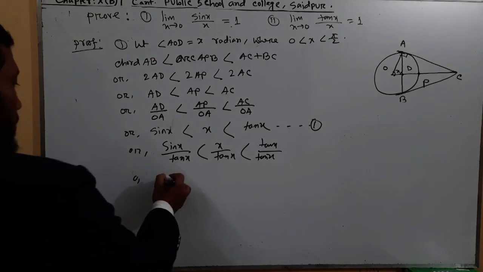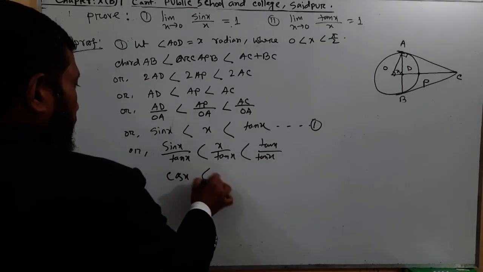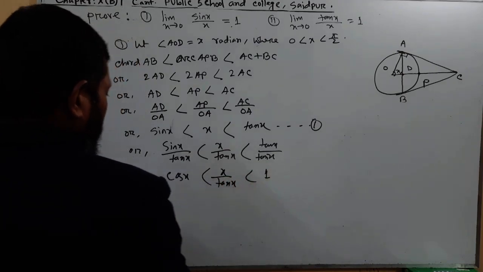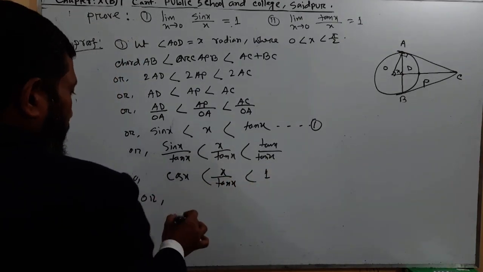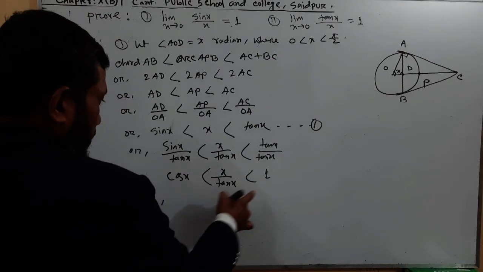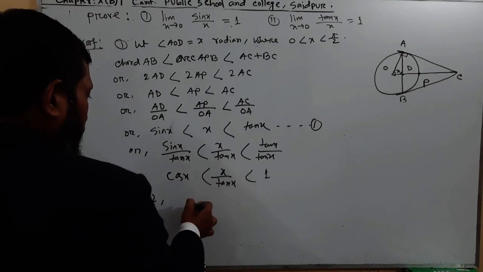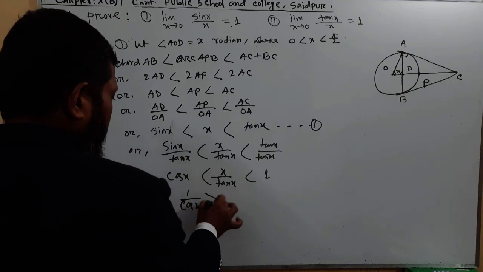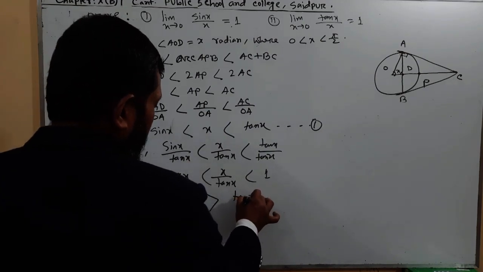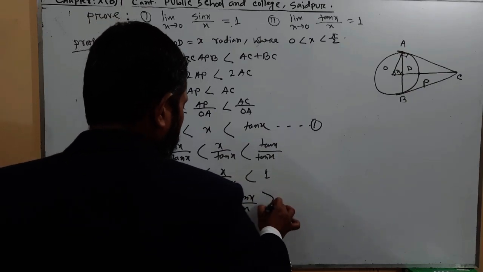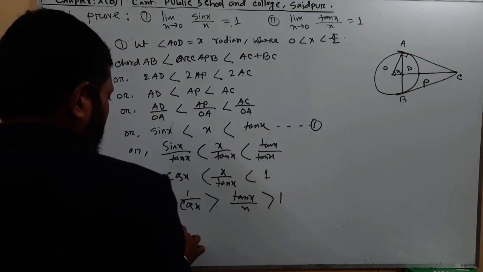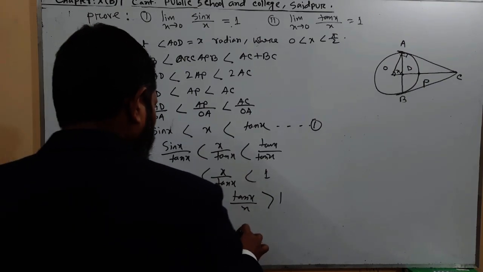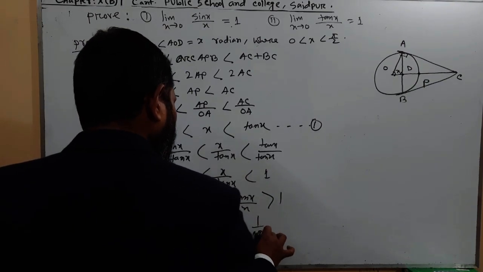We get 1, x by sin x, and 1 by cos x. We can write this as 1 is less than tan x by x, which is less than 1 by cos x.